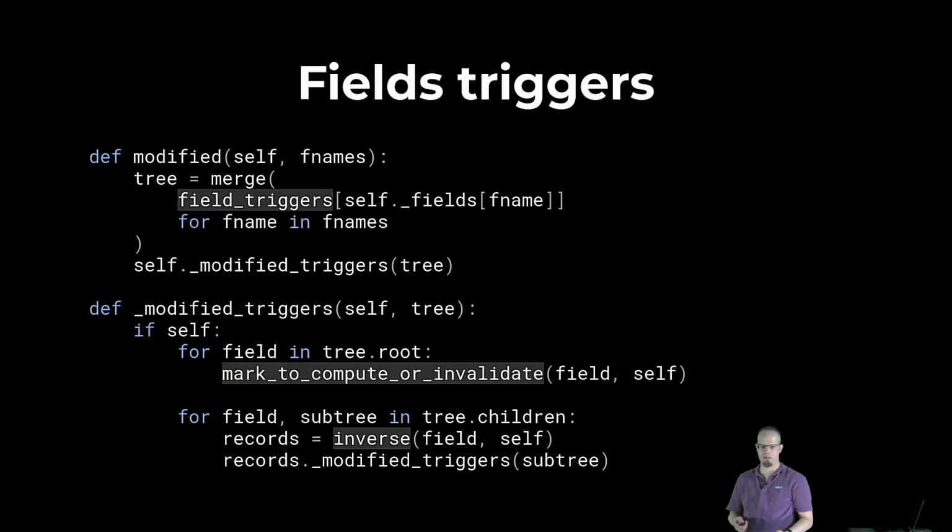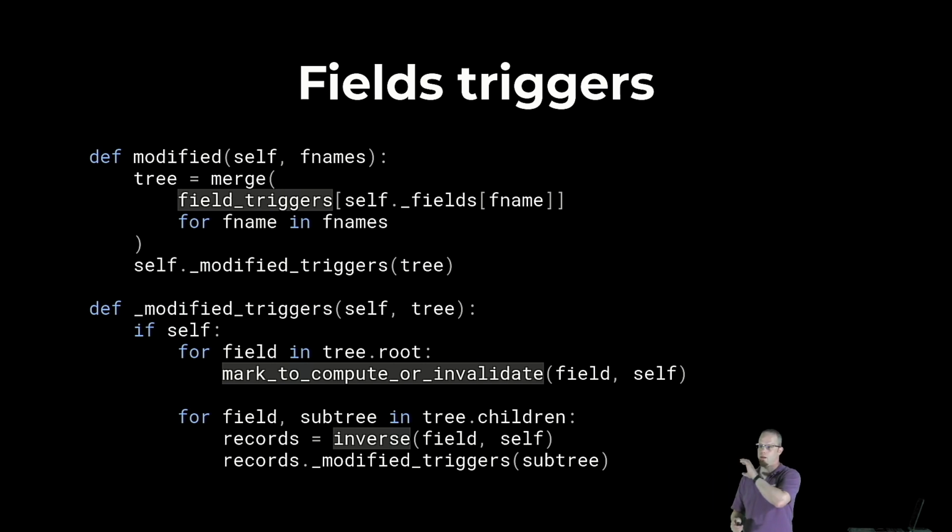And then you process every one of the subtrees. So for every one of the subtrees, you first take the field that labels the subtree, and you inverse that field on self. So if the field, for instance, is a many-to-one field, you can just search on the field's model to say which records have this value, this record ID, for that field.